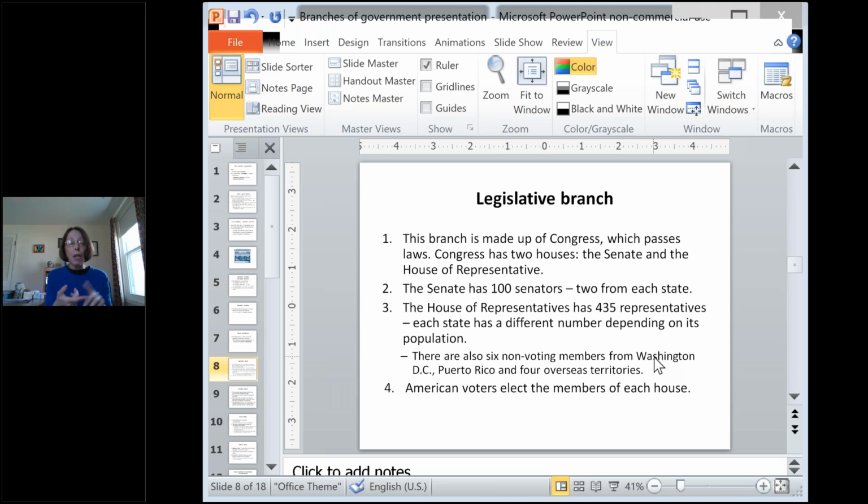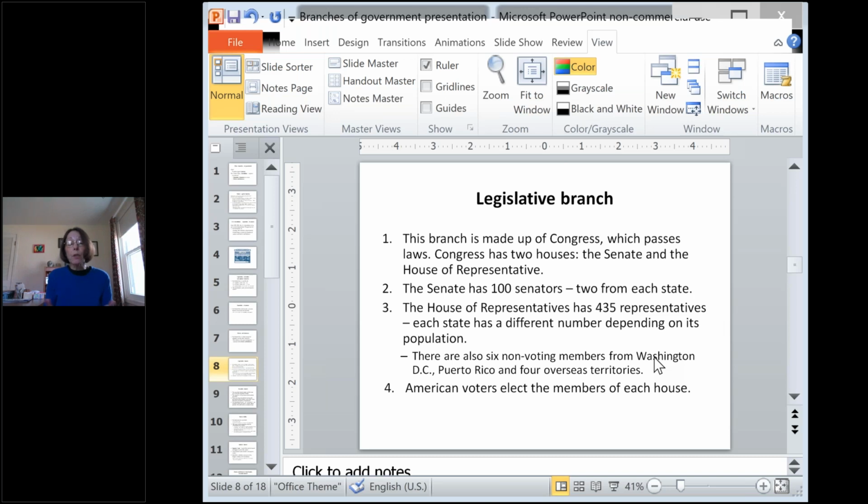So the Senate has 100 senators, 2 from each state. So each state has the same number. But then the House of Representatives has a different number depending on the population of each state. So there are 435 representatives. It's a very big number, and they meet in the Capitol building like we saw in that picture.